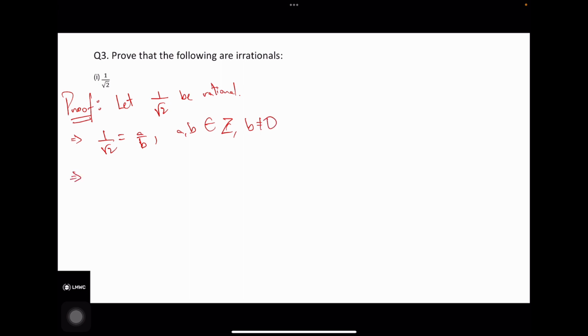So now I'm going to take the reciprocal of this. So 1 upon root 2 will become root 2 by 1. The denominator 1, no need to mention it. So a by b, if you take the reciprocal, will become b by a. Now on the left hand side we have root of 2, and on the right hand side we have b by a. So root of 2 is irrational, and b by a is a rational number.